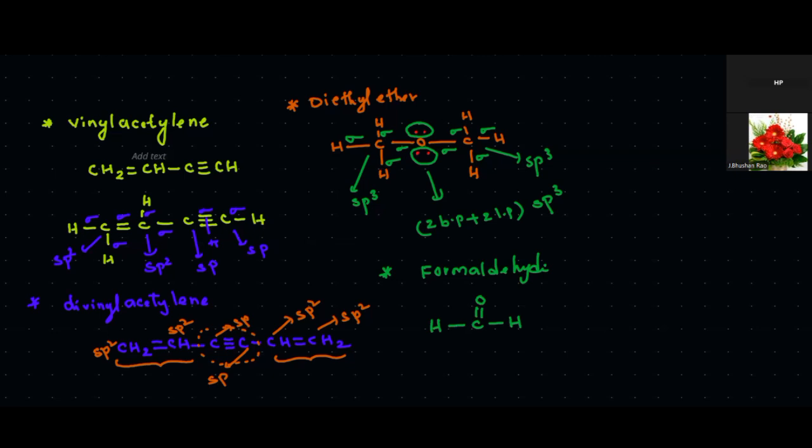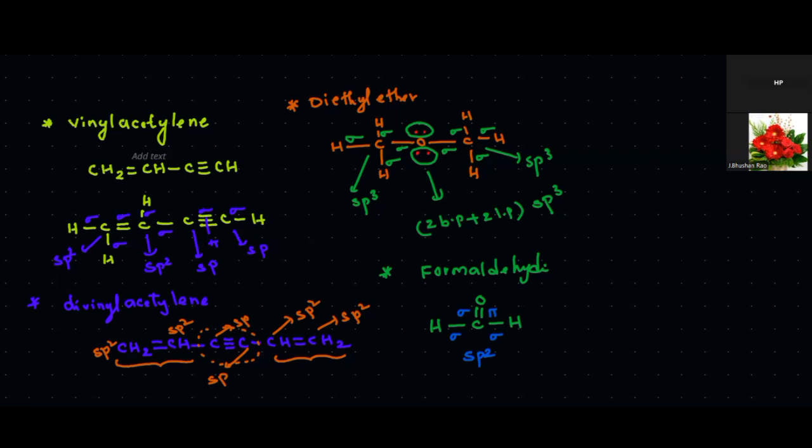This is the sigma, this is the sigma. Here the carbon is attached to a double bond oxygen: one is a sigma, another one is a pi. So the central atom carbon is present, and we can write the hybridization for that carbon. Count the number of sigma bonds: 1, 2, 3. 3 means sp2 is the hybridization. So this is the hybridization for formaldehyde.